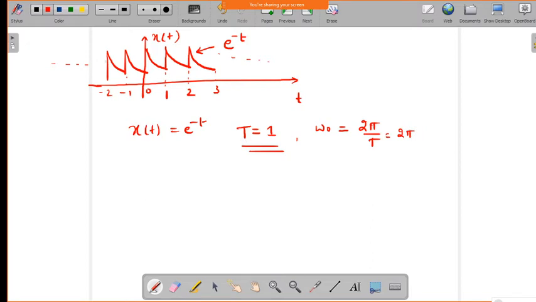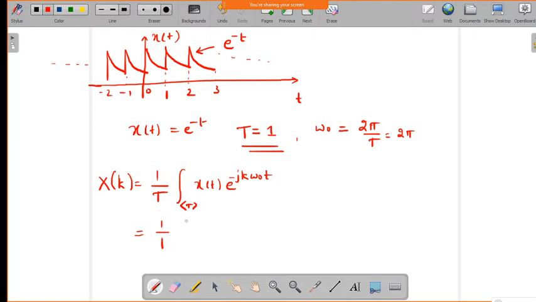Now we can find out the Fourier series coefficients for this. We know the X of k expression, which is equal to 1 over T, integrated over the period T, X of t into e power minus jk omega naught t. Now substitute the value of X of t. What is the period for which we have to integrate? It is 0 to 1, because we are taking one period.